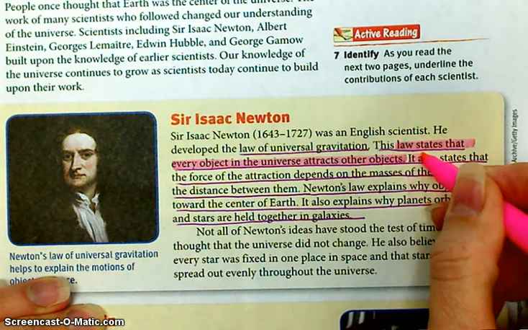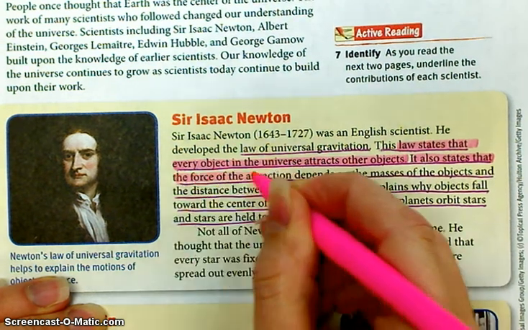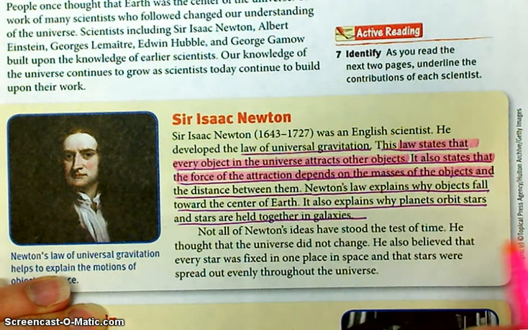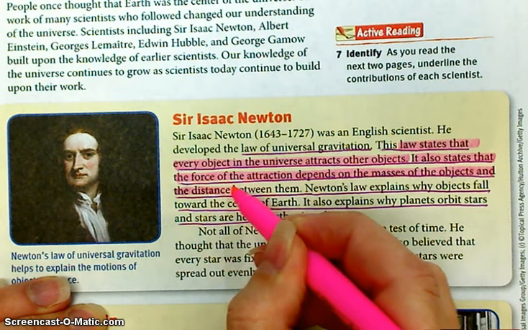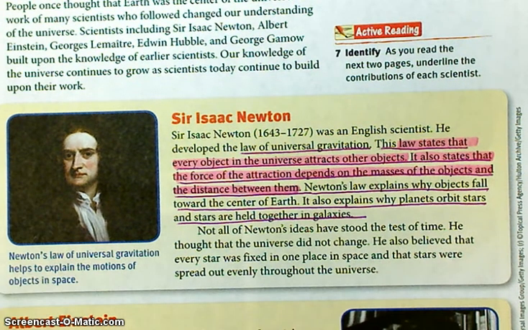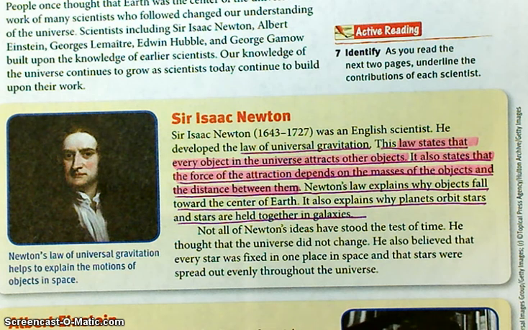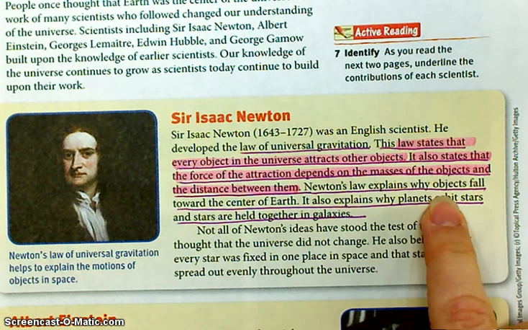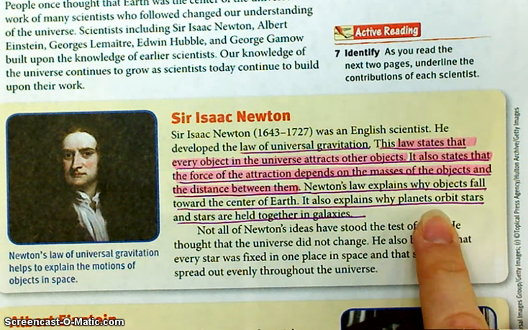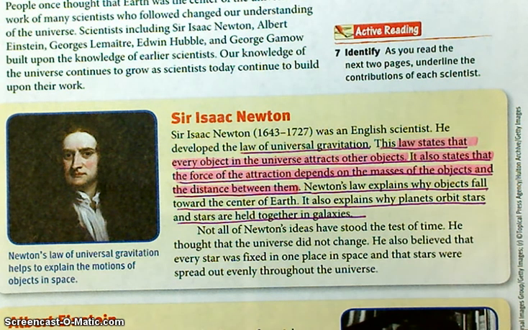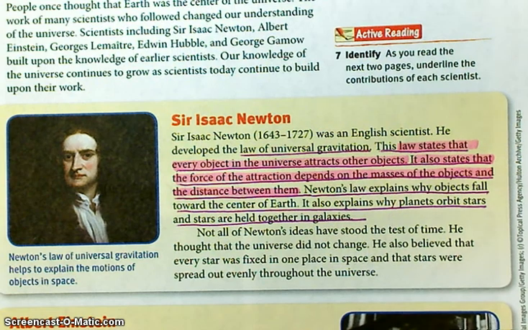But it also states that the force of that attraction depends on the masses of the objects that are involved and how far apart they are. Okay? So this law of universal gravitation explains why objects fall towards the center of the Earth. It explains why planets orbit stars, and it explains why stars are held together in galaxies. It's all about gravity.